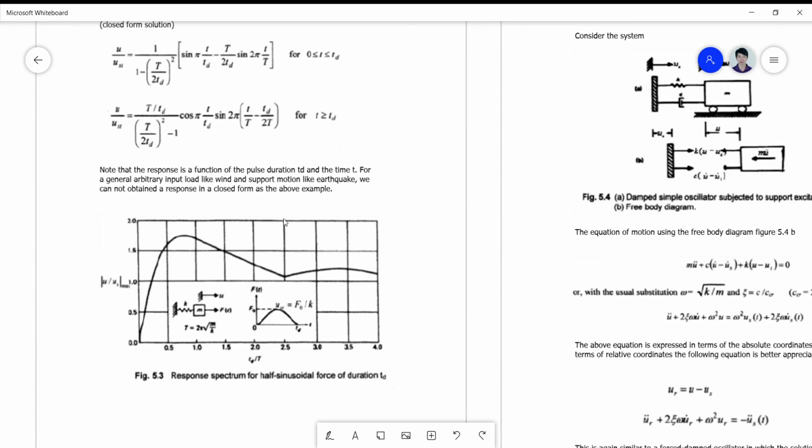By the way, before I proceed, this is now the plot of this function here.